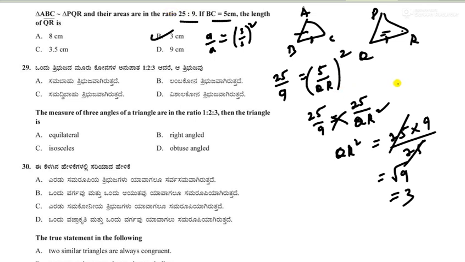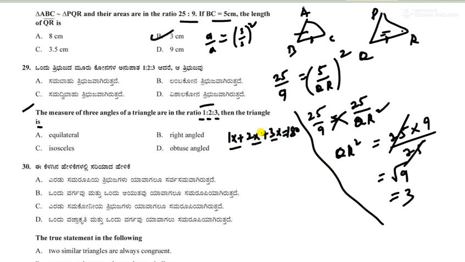Okay, next moving to question number 29, it's here only. The measures of three angles of a triangle are in the ratio 1:2:3. Then the triangle is dash. So angles are 1, 2, 3, let us assume angles 1x, 2x and 3x, and when we add them this is equal to how much? 180, because this is for a triangle.